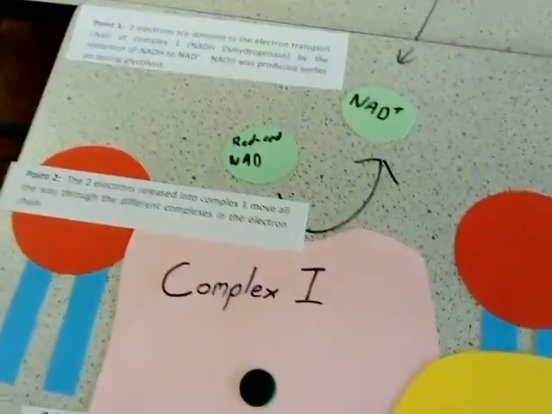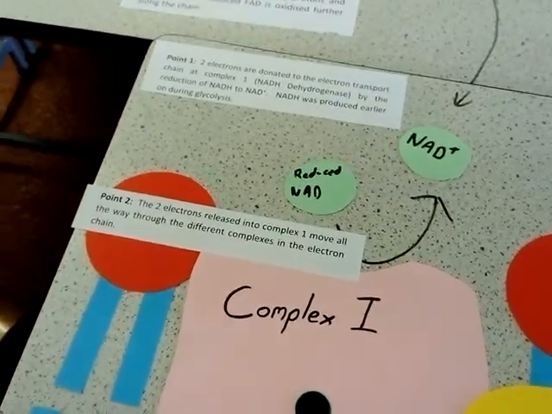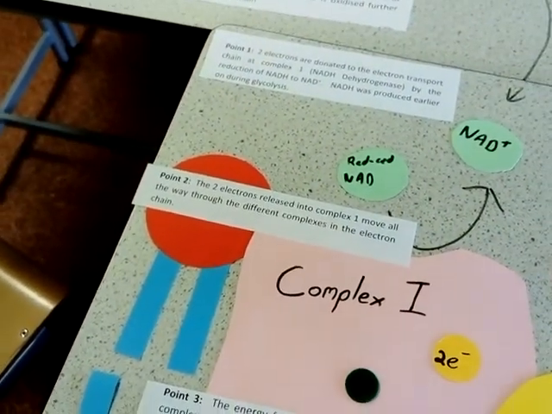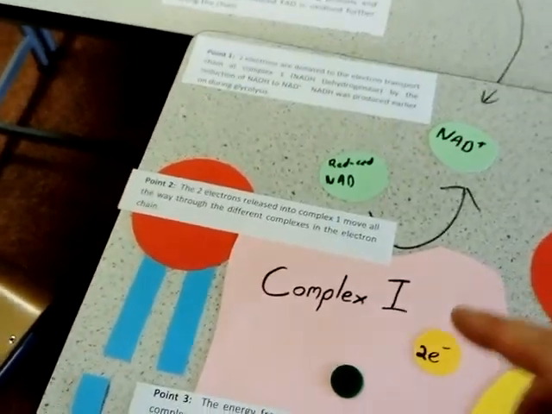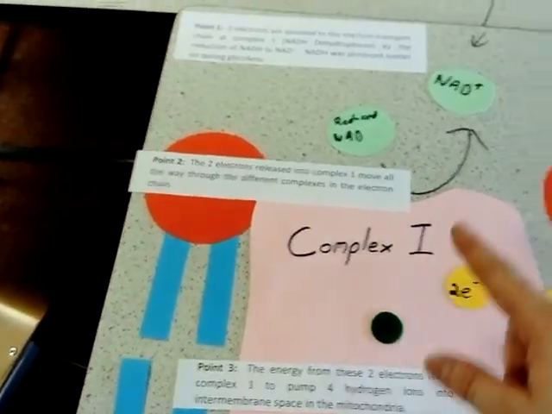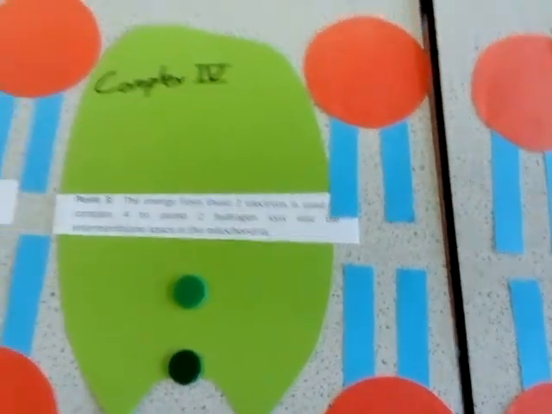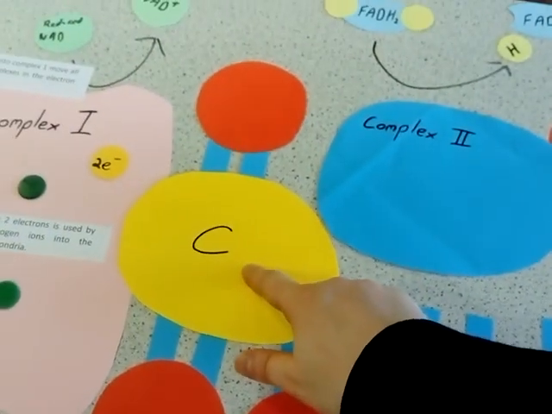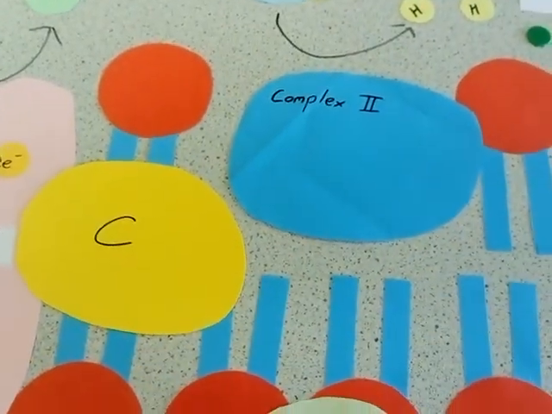That causes 2 electrons to enter the electron transport chain at complex 1. These electrons are going to move all the way through your electron transport chain, all the way to complex 4, using electron acceptors C and Q.